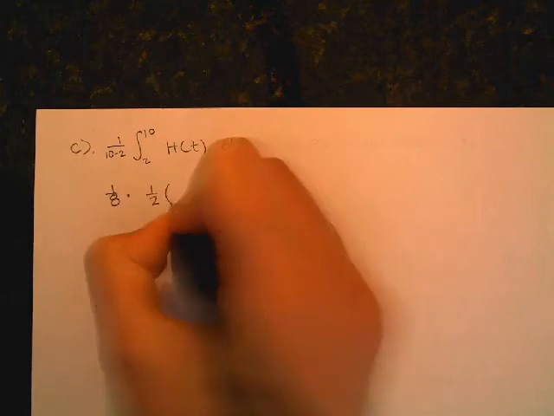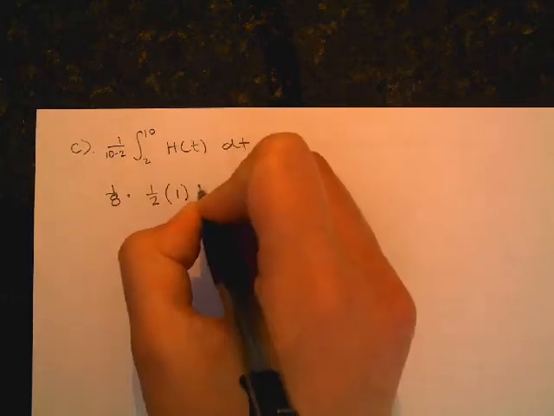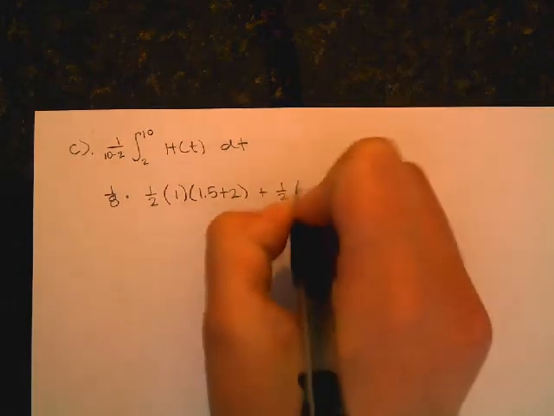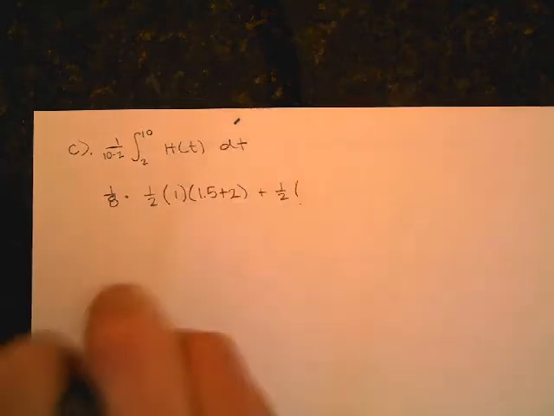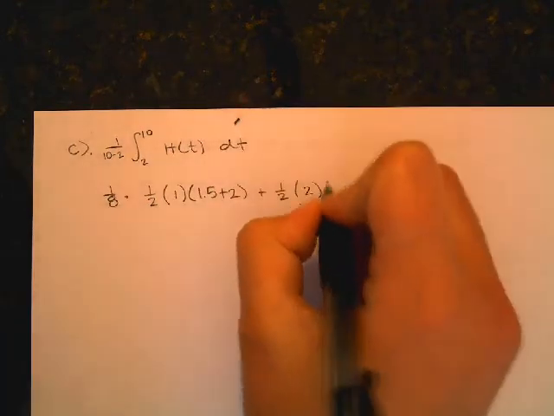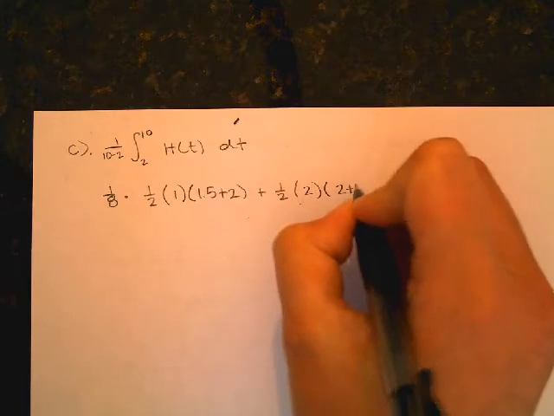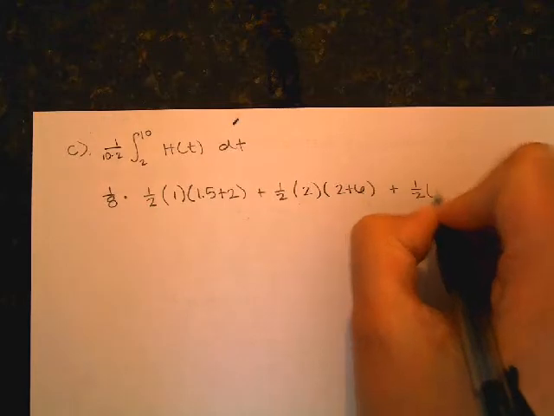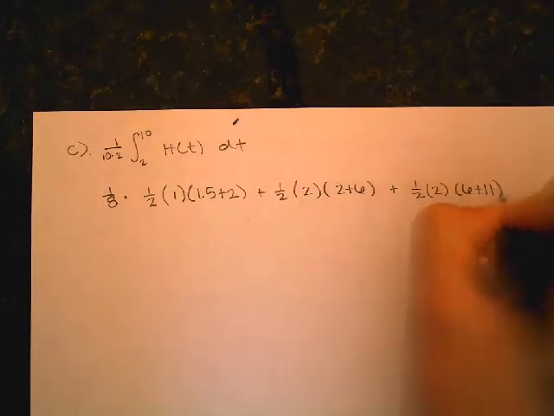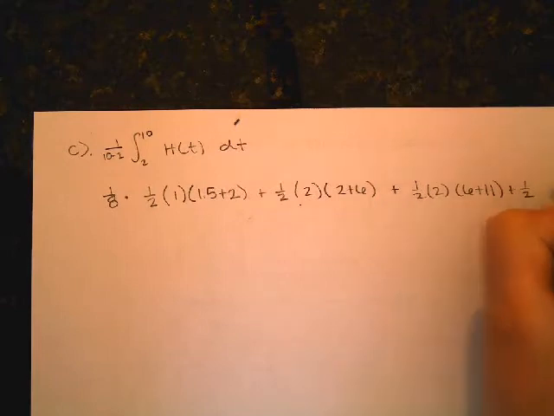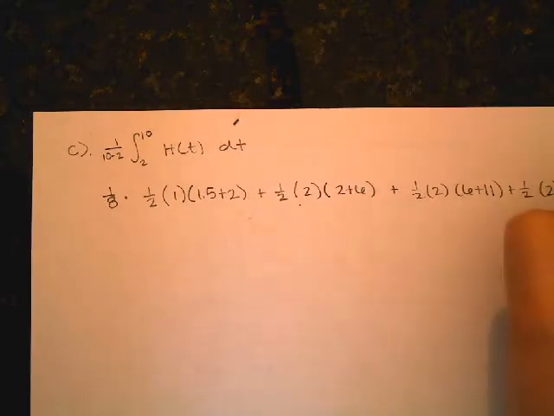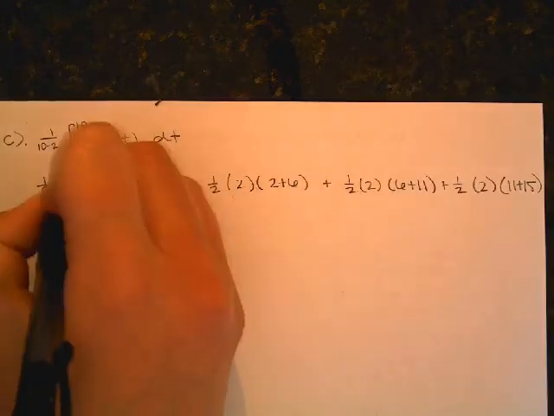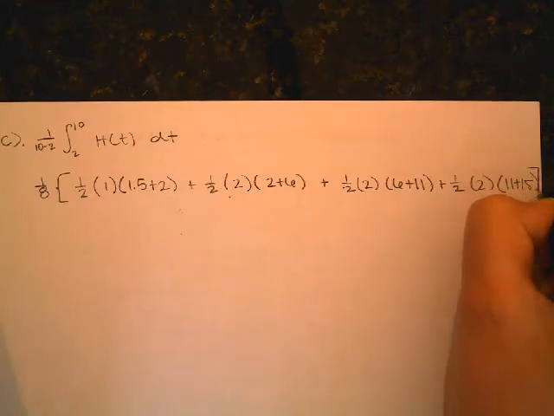And then for the first one, we have a width of a trapezoid of 1, and then 1.5 plus 2, and then 2 plus 6, and then 2, 6 plus 11, and then 2, 11 plus 15. And I kind of wrote this badly here. We're going to put a big bracket there because it's 1/8 times the entire thing.